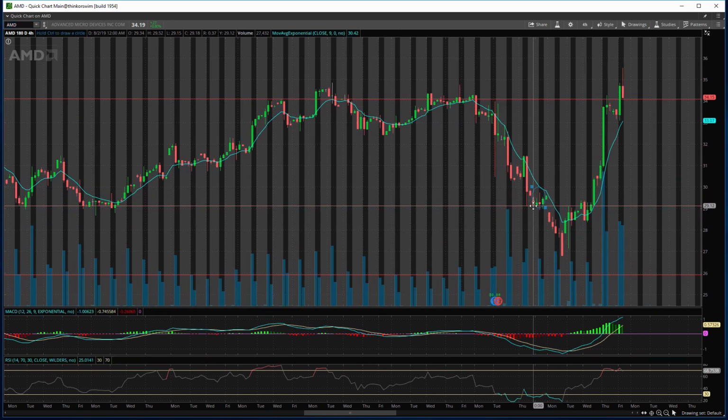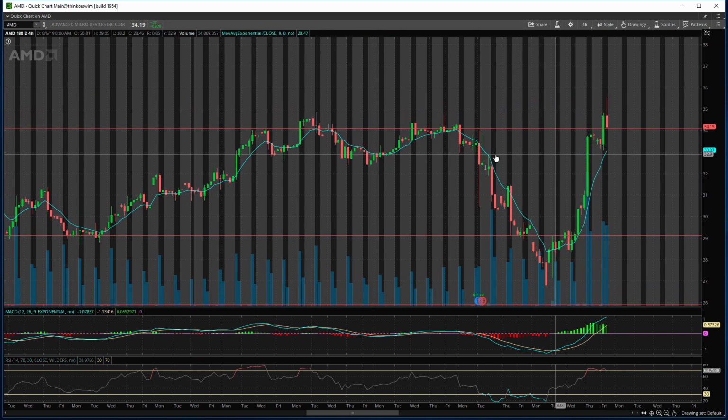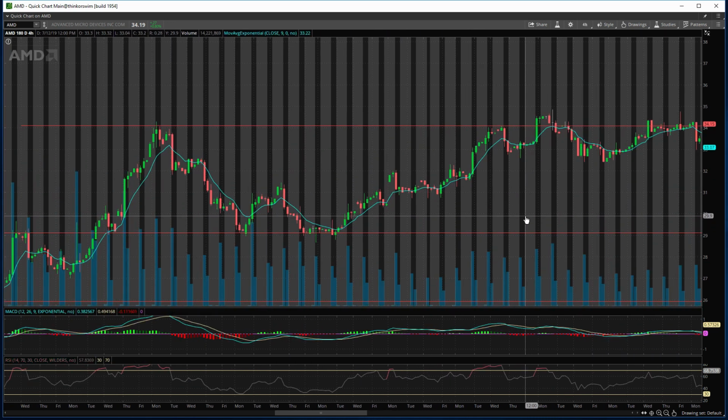Let me erase the circle. It broke past here and then it climbed back up and then touched here, went back down, touched here, broke a little bit, now it's going back down. So this line was a pretty strong resistance. This line was a pretty strong support, as I've covered in my previous video.